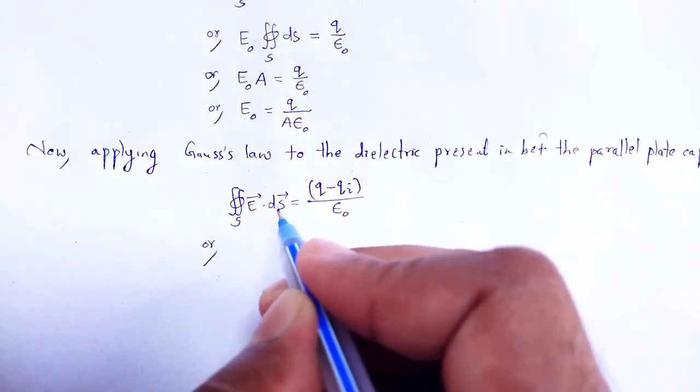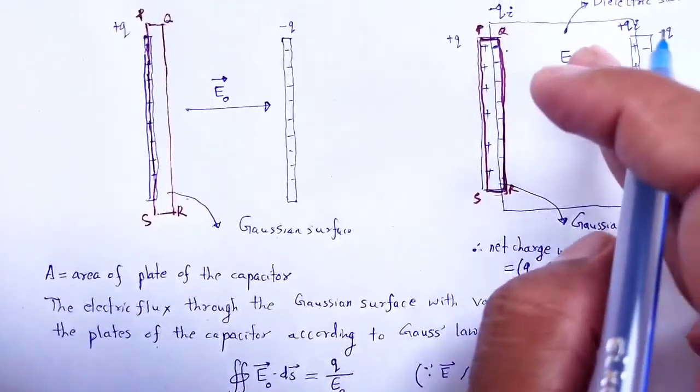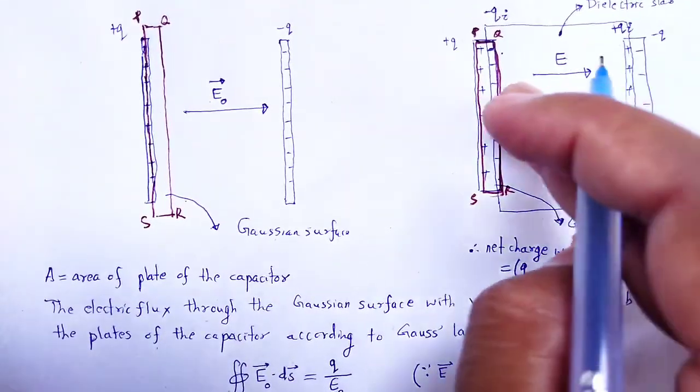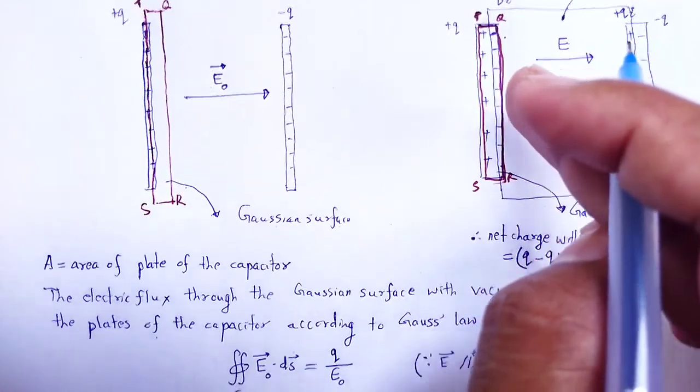Here the surface area vector ds and the electric field intensity E are parallel.